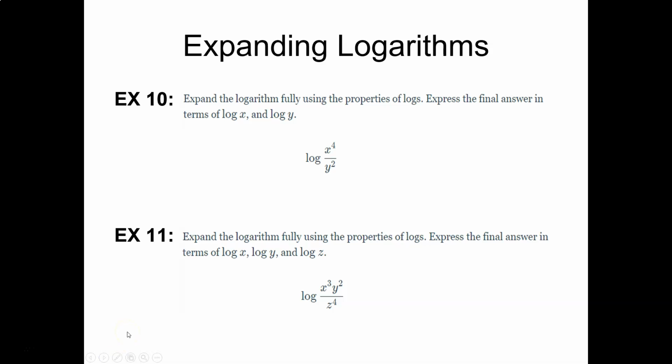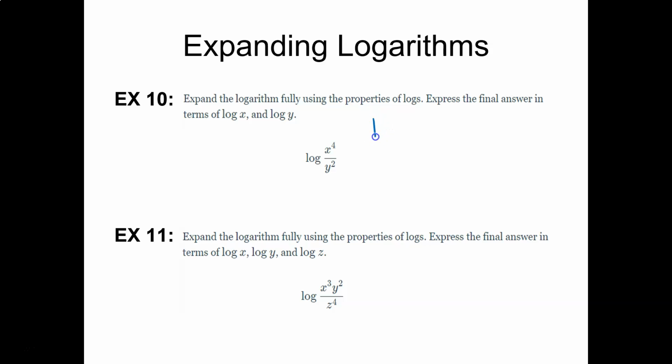Okay, you'll also have some that are expanding logarithms, and the tricky thing about this is you're going to have to make sure you expand completely. If you do not expand completely, it will not count it right. So if we look at example 10, we've got log of x to the 4th over y to the 2nd. So when I see that division, I'm going to break it up using subtraction.